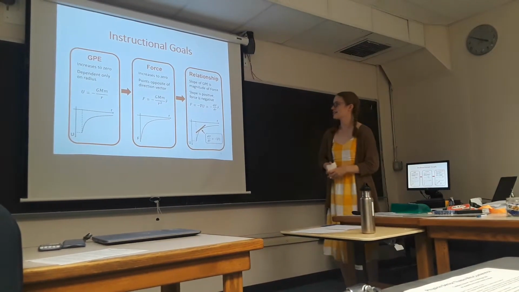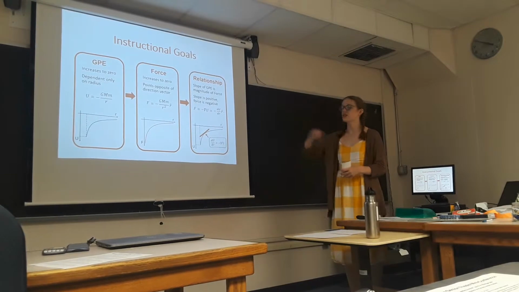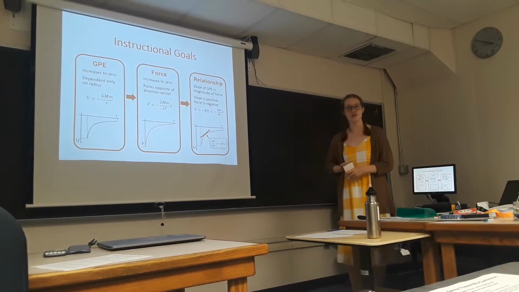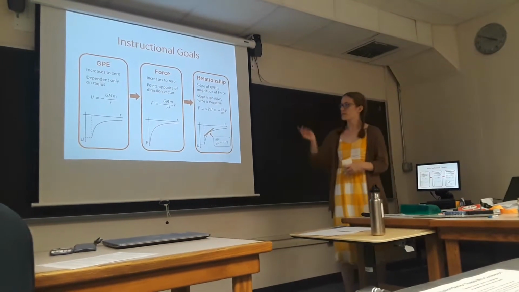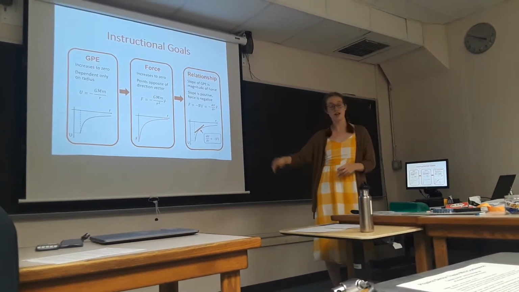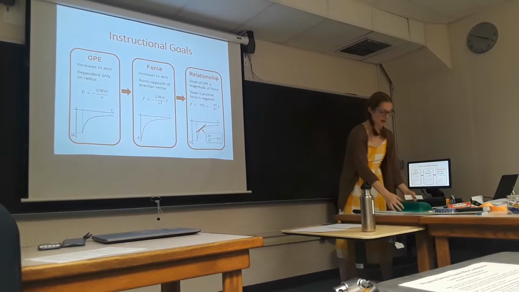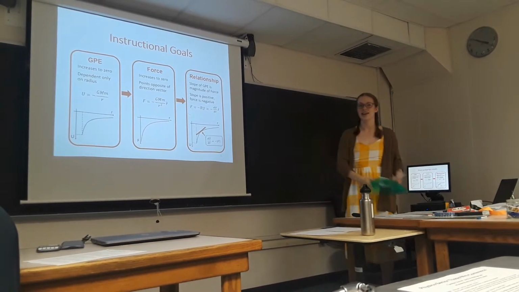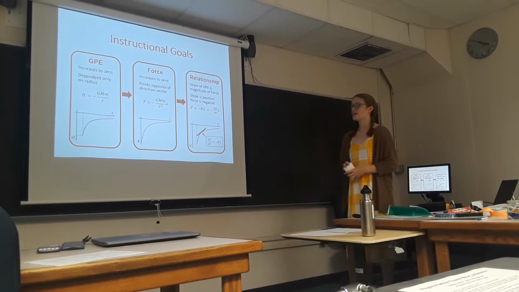As I was designing the activity, these were the instructional goals that I wanted to cover. I wanted to talk about the gravitational potential energy, and I wanted students to know that it increases to 0, meaning that while it does increase and while the height does get larger, it's actually negative the entire time.